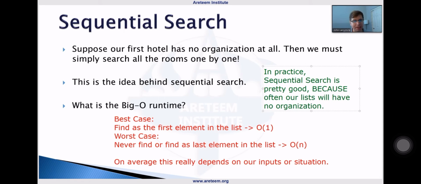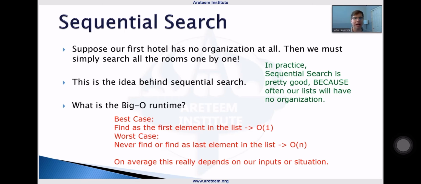I want to stress that as well. If we don't have any organization of our lists, we maybe have no option other than to search through the list one by one. If I just give you a random list of names and you have no idea if they're in any order, you have to search through them one by one, pretty much.